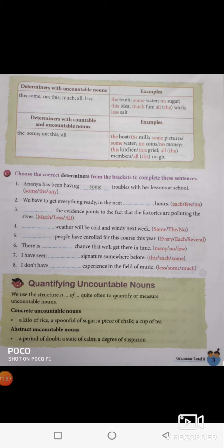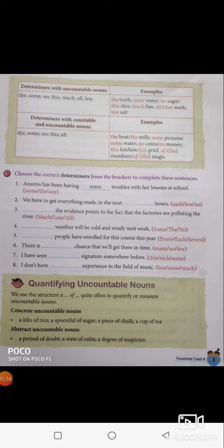A kilo of rice alone cannot be a countable noun, but when you say a kilo of rice, then it becomes countable. So concrete uncountable nouns are a kilo of rice, a spoonful of sugar, a piece of chalk, a cup of tea, a cup of coffee, and what else you can name.